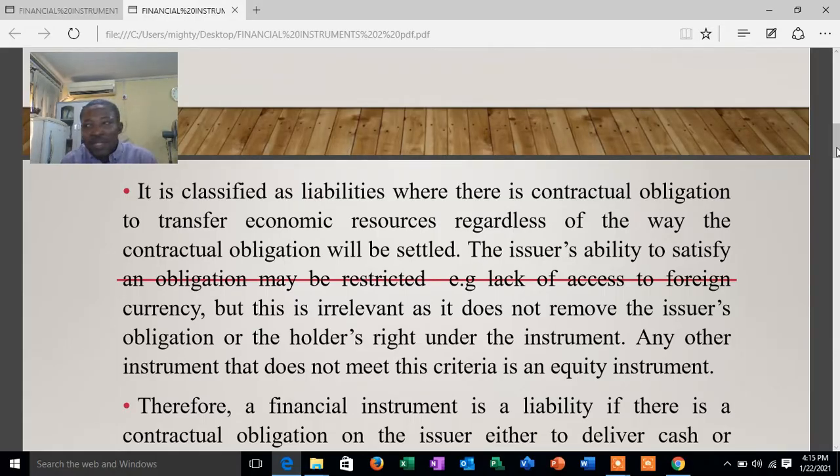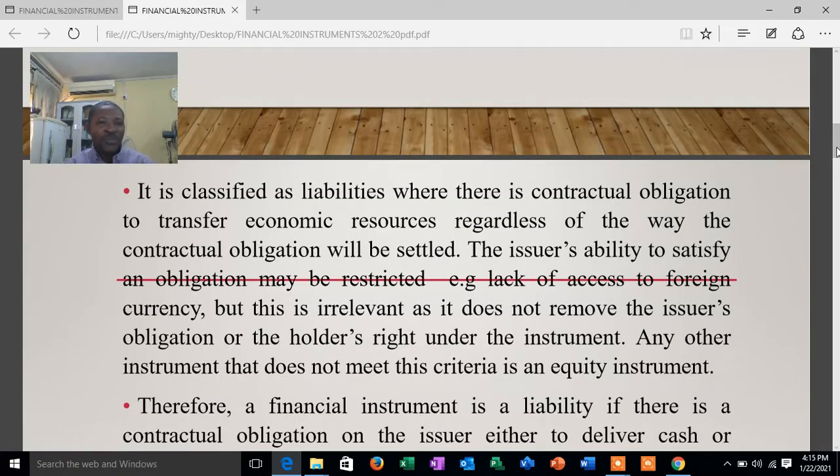For instance, there may be restrictions in terms of how to access foreign currency, and so the person is not liquid, so you cannot make that settlement at that present time. That does not stop it from being regarded as a liability. So it is absolutely irrelevant. Any other instrument that does not meet that criteria is simply referred to as an equity instrument.